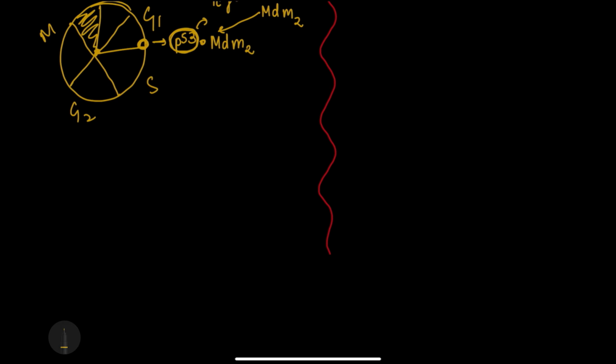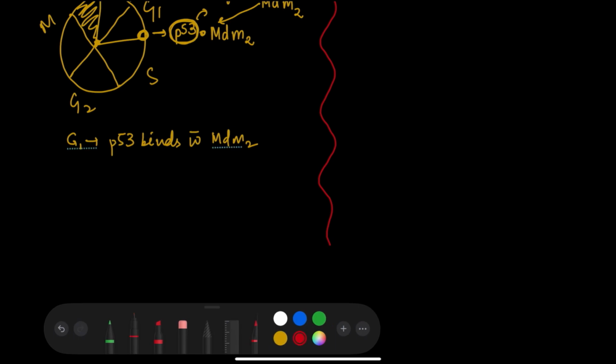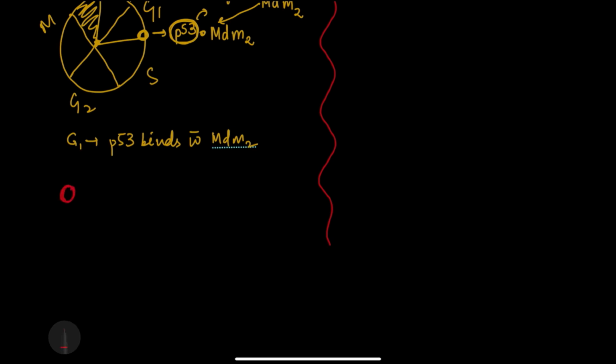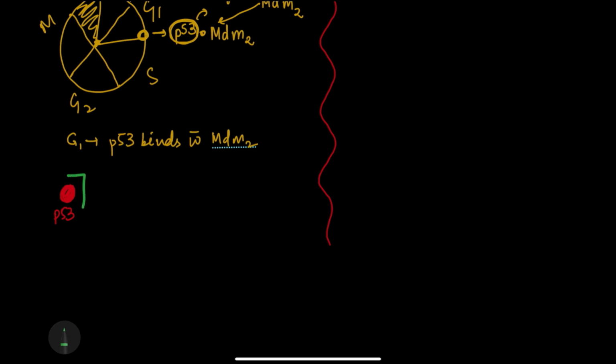So when p53 binds with MDM2, what happens? Consider that this is your p53 gene, and this is the cap of MDM2, right?